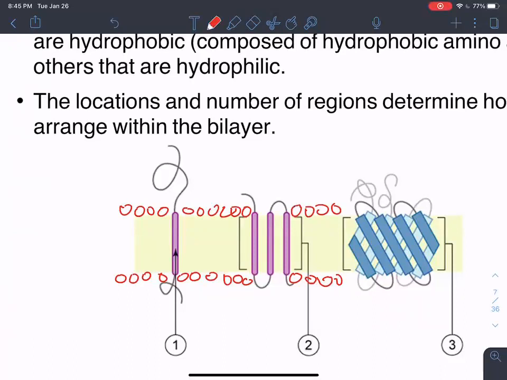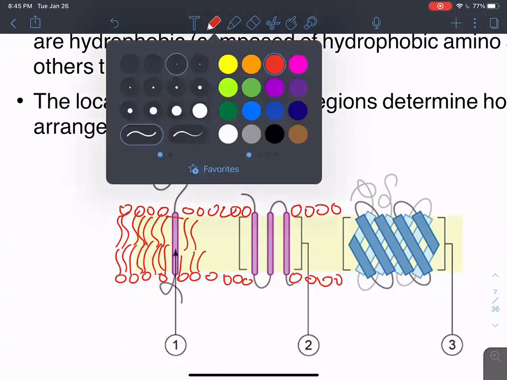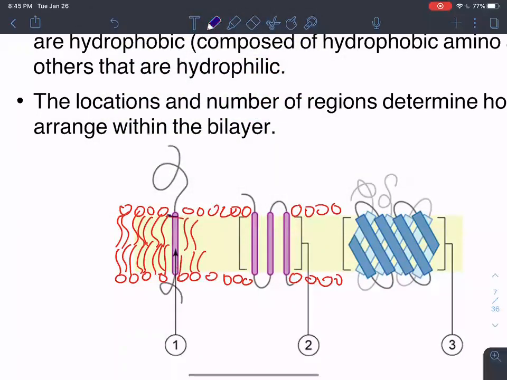And I said, where are the hydrophobic amino acids that make up the integral protein, where are they located? Well, they've got to be near the hydrophobic tails, right? Stuff likes each other. When it's the same, it likes each other. So the stuff that's in the middle here, let me change colors, we'll go blue. All of that is comprised of amino acids that are hydrophobic.